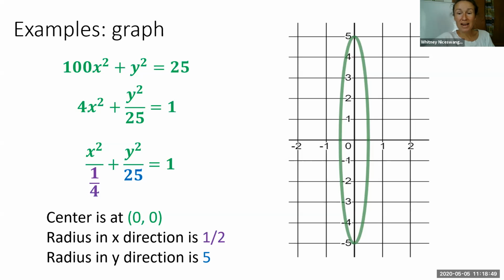We move 1/2 left and right, and we move 5 up and down, and then you just create that ellipse using those 4 points. If you have questions on how I got to the 1/4, go ahead and email me and I can give you another example.